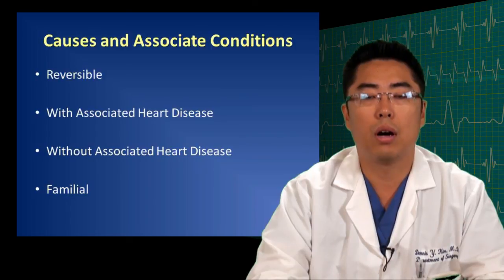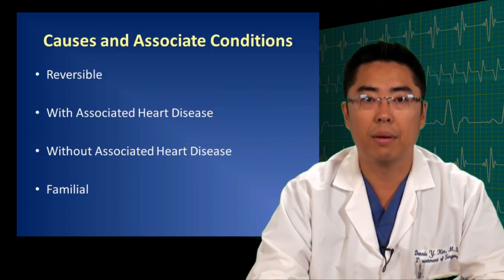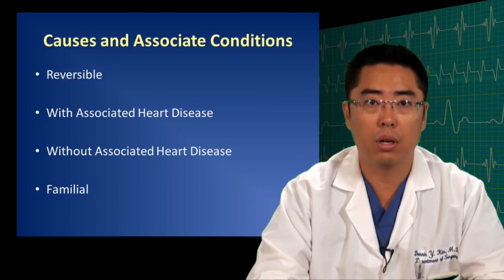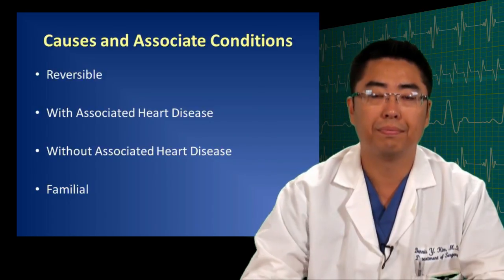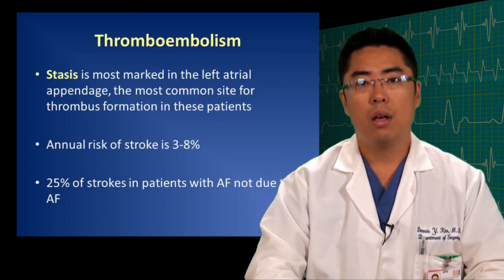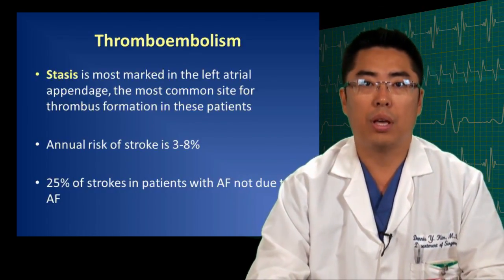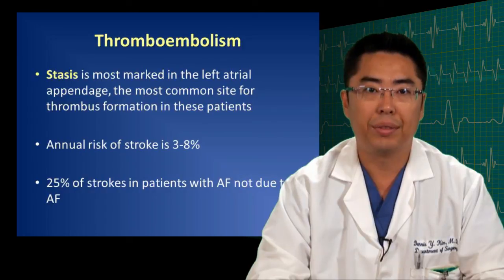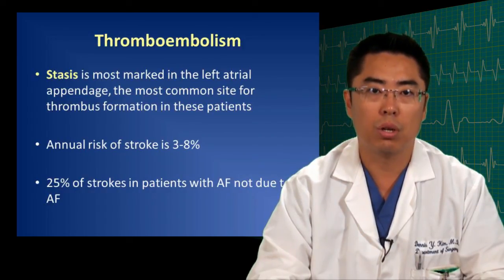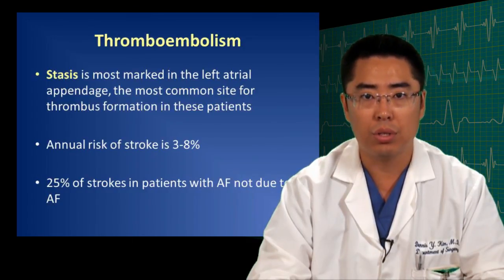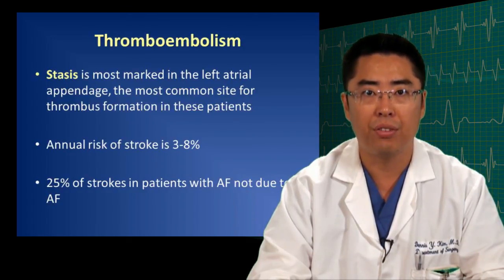In terms of the other causes of atrial fibrillation, one can think about it in terms of reversible causes with or without associated conditions, and there are also familial causes of atrial fibrillation. Of course, thromboembolism is one of the most feared complications of atrial fibrillation, and this is usually as a result of stasis. This is most marked in the left atrial appendage, which is the most common site for thrombus formation in patients with atrial fibrillation.